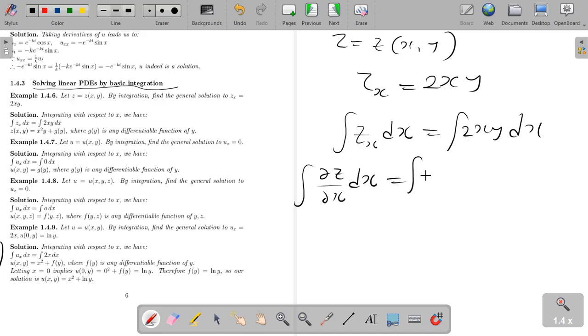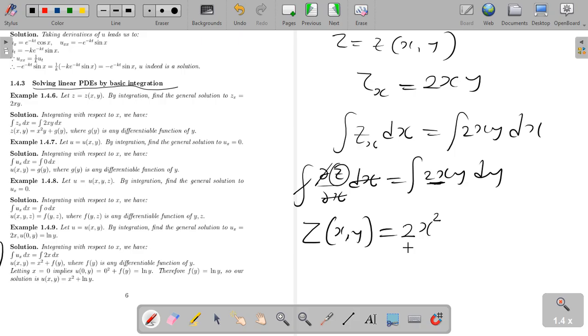Now if you integrate, you see that the integration is taking care of differentiation, so I'm left with just z here. This z, which is a function of x and y, will now be equal to, if you bring out the 2 outside and integrate x, it's going to give you x squared: add 1 to the power and divide by the new power, then attach your y to it, plus a constant.